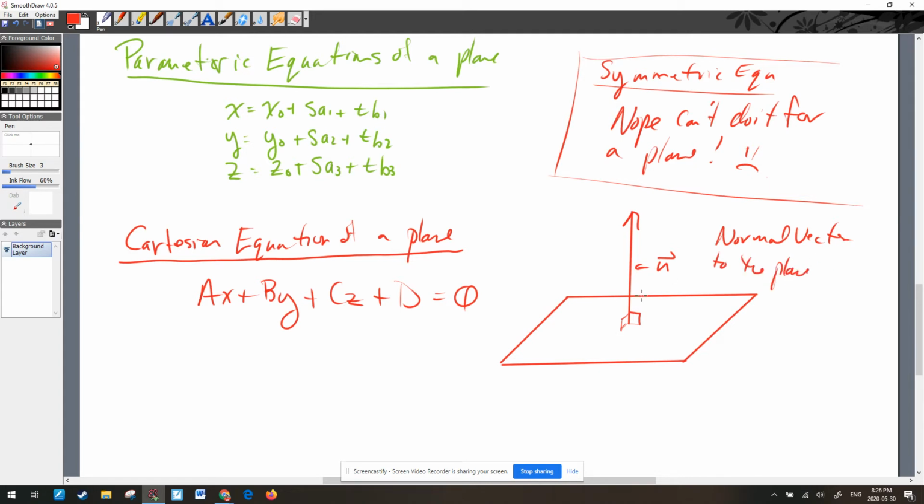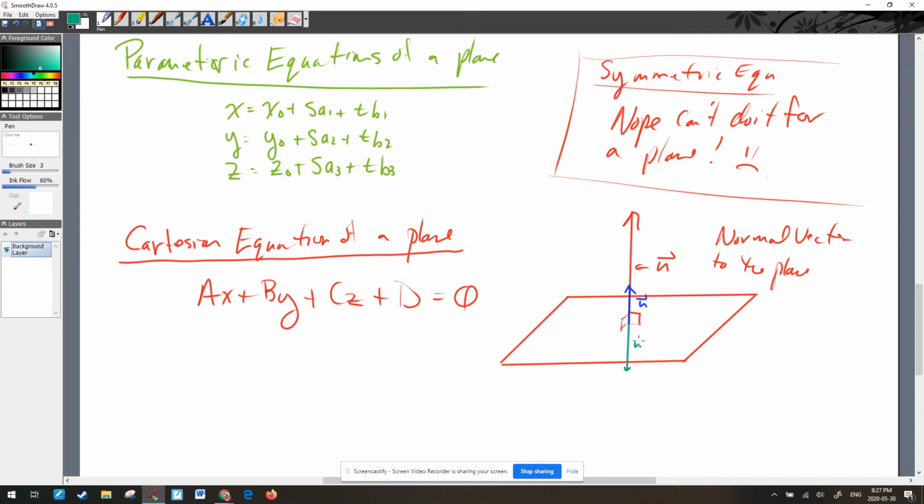Now, it's not the only one. Anything that is collinear to this is also a normal vector to the plane. So if we had one that was much shorter, just there, that's also a normal vector of the plane. And in theory, one that drops down and goes underneath is also normal to the plane. It should really be dotted, but I don't have a dotting tool here.